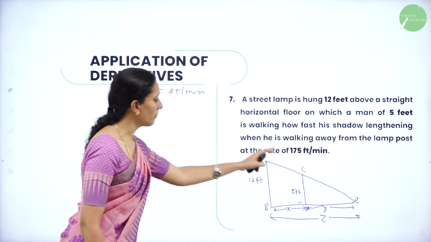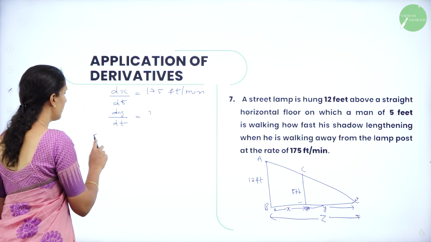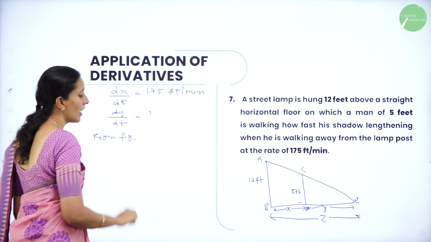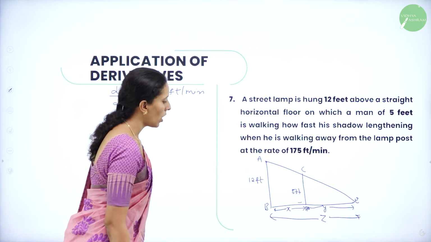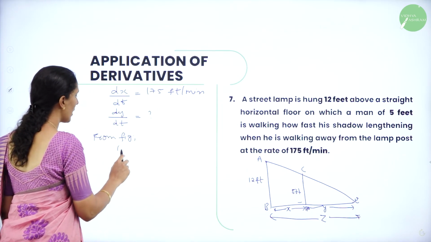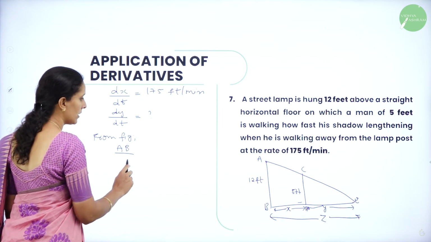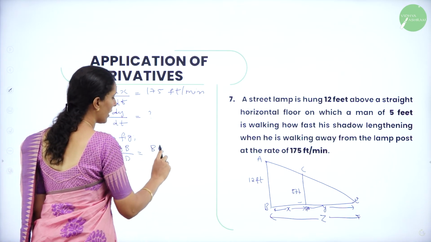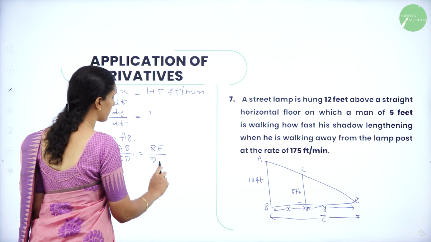Now, from the figure, clearly, both are similar triangles because they are right angle triangles. So what I can write here is AB by CD is equal to BE by DE.